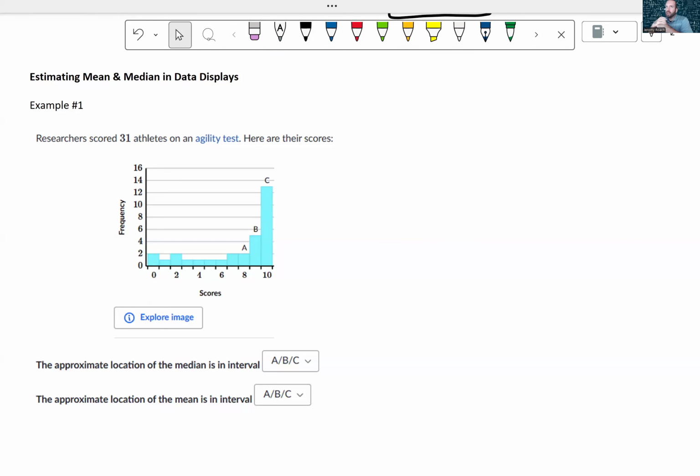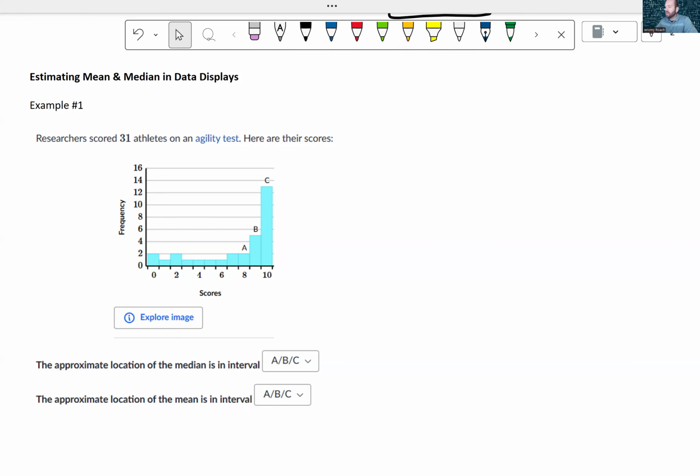But here's a quick way that you can estimate the median and the mean. To estimate the median, you look for a point that splits the data into 2 equal halves. So imagine moving from left to right and accumulating data. The median is located where about 50% of the data is below it and about 50% is above it.